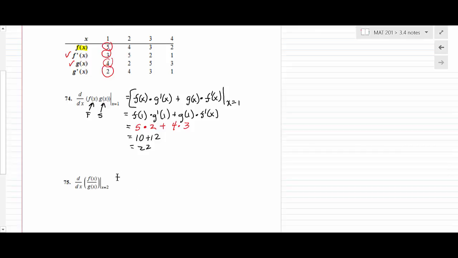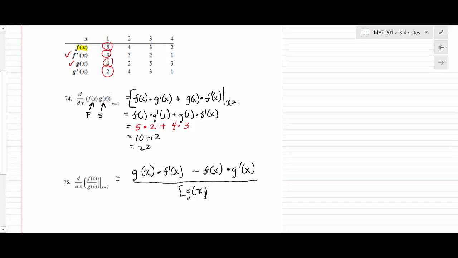So you're going to go bottom times derivative of top, just write it like that, and then it's minus the top, which is f of x, times the derivative of the bottom, and then it's all over the bottom squared. So that's how you want to start the problem, and then you're going to evaluate that at x equals 2, and you'll look that up in your chart.